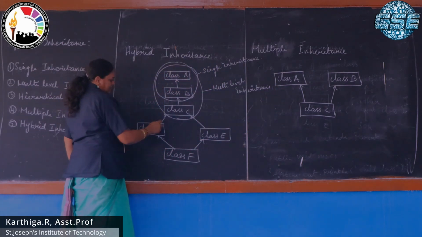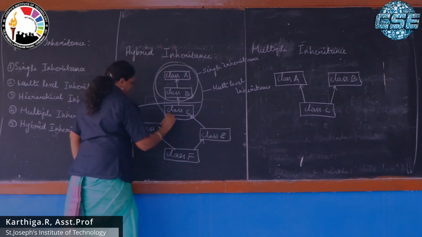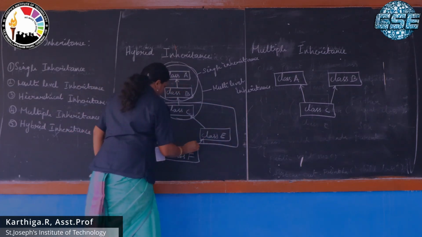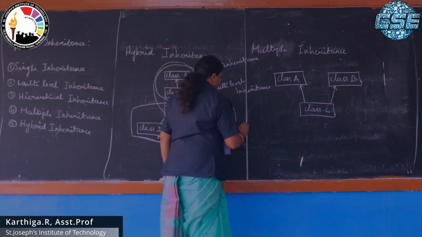Then class C, class D, class E. This one indicates hierarchical inheritance.